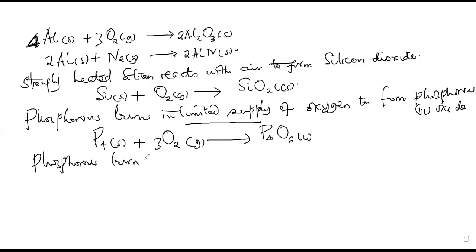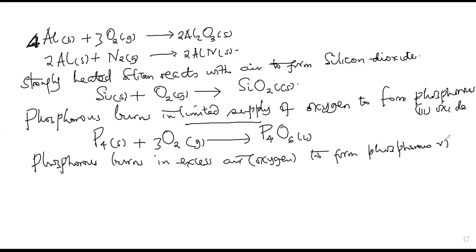But when oxygen is in excess, phosphorus burns in excess air, particularly oxygen, to form phosphorus(V) oxide.